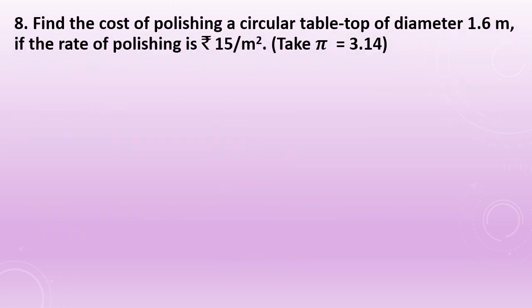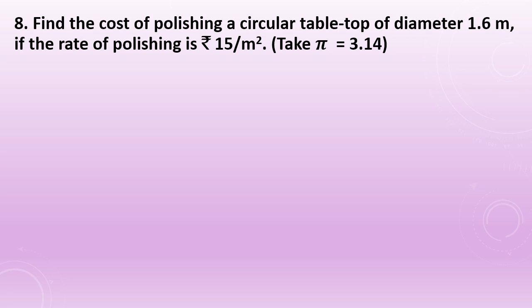Now we move to the 8th question. Find the cost of polishing a circular tabletop of diameter 1.6 meter if the rate of polishing is rupees 15 per meter square. See children, here you may doubt whether we have to find perimeter or area.